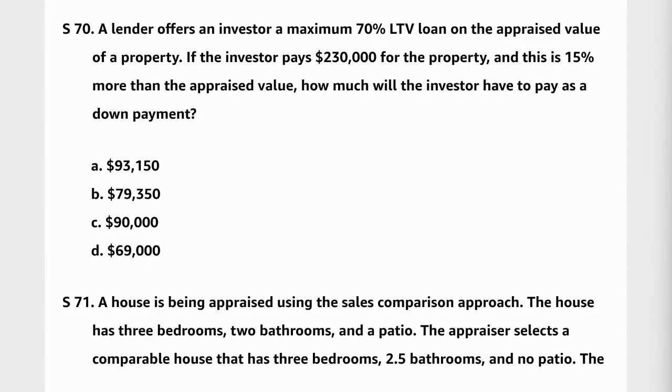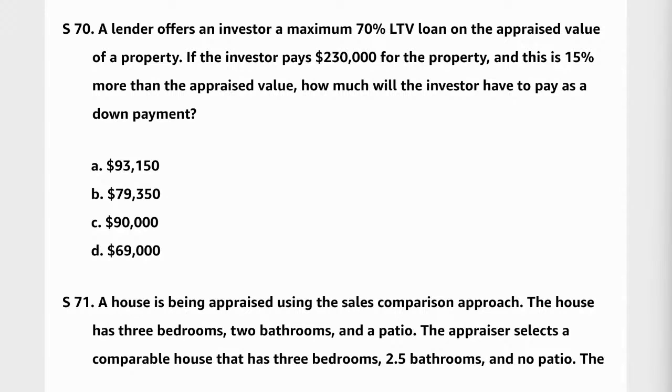So you've got to use the T formula. First we've got to find out what the appraised value is, right? The sales price is 230, but he's paying 15% more than the appraised value, so that is 115% that he's paying.